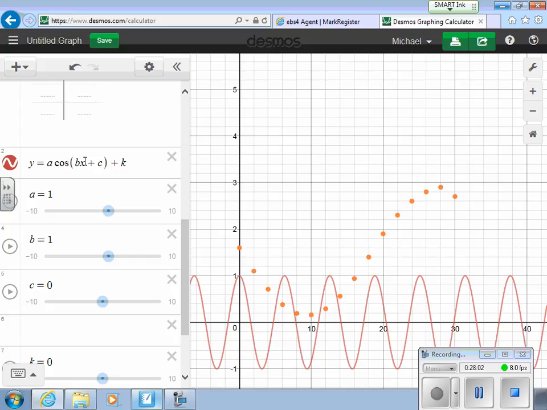So how can I get that out of the data that I've got? What can I find from the data about that function if I want to make a sine function fit that shape?